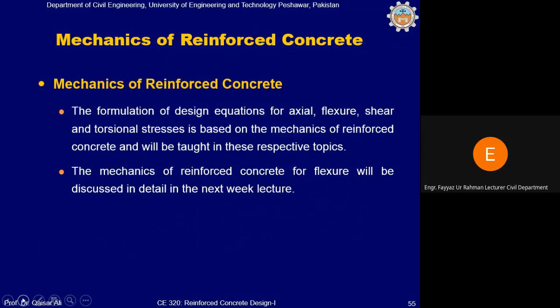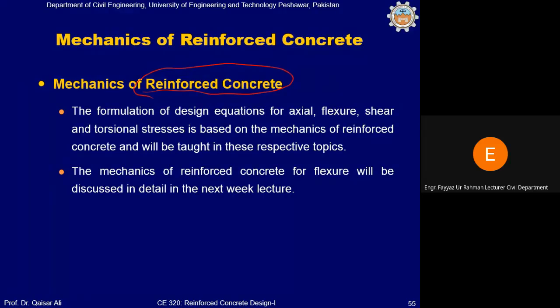Mechanics of reinforced concrete will be slightly different from the mechanics which you have studied in your previous courses. However, if you know the basics of equilibrium and compatibility equations, and your concepts are clear on those topics, then the mechanics of reinforced concrete is also very simple.